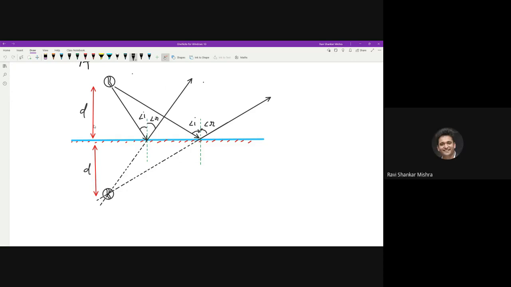Excuse me. Once you are done. Arohi, are you making the diagram? Yes, sir. Good. Gul, yes, sir.